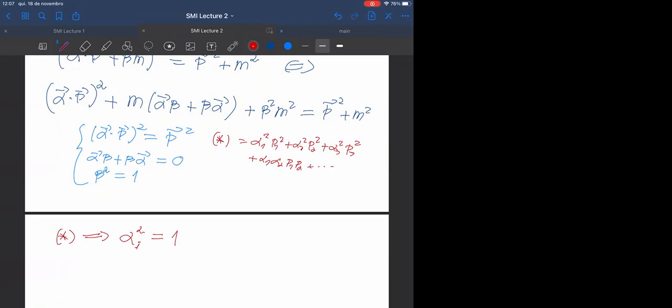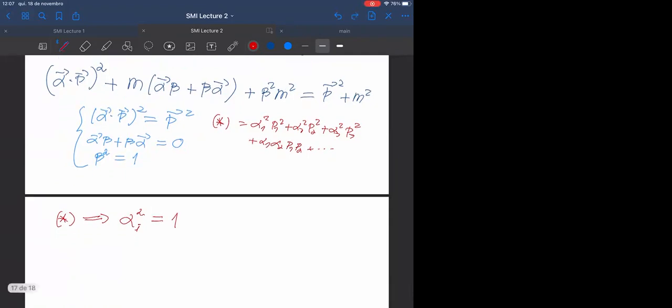Because you want this to be equal to p squared, the product of this with the same i has to be 1. Likewise, beta squared is equal to 1. But you also take from here that when you have a product of alpha 1, alpha 2, it has to be 0. And you also have the condition that alpha_i beta plus beta alpha_i equals 0.